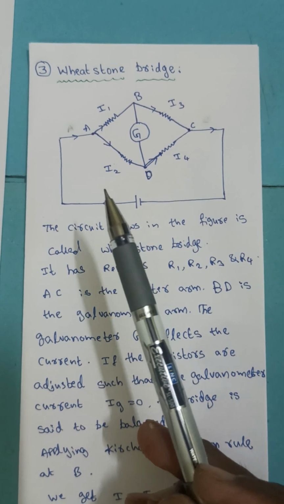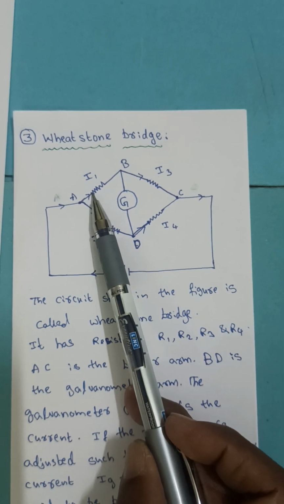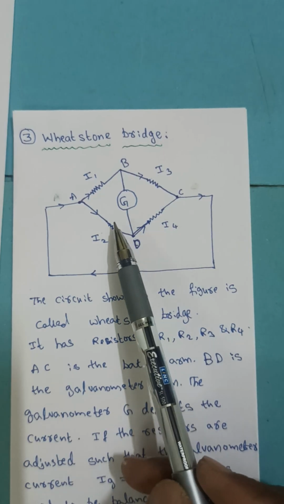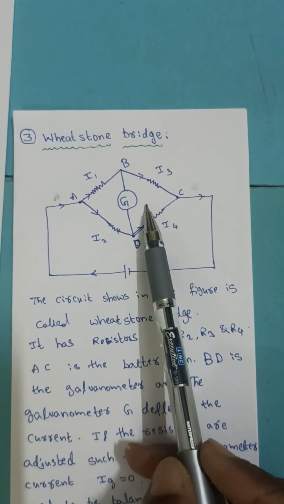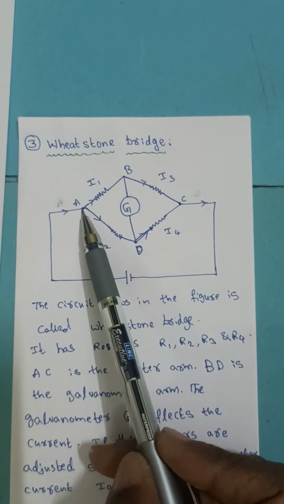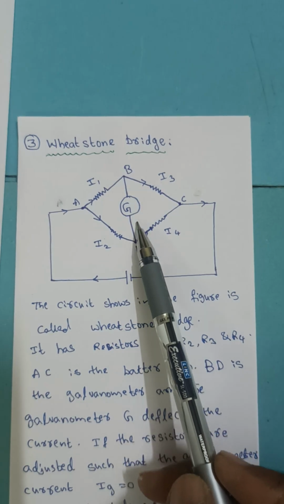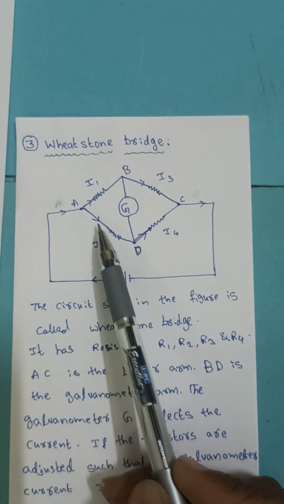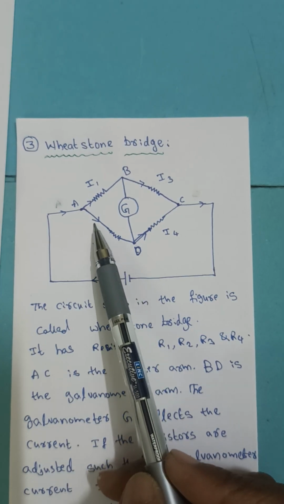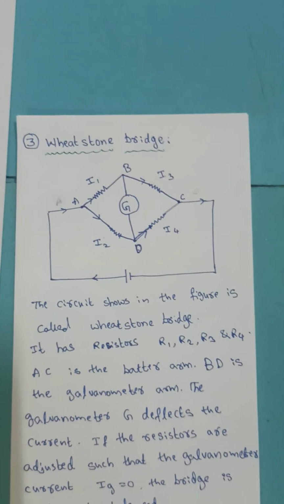See here, closed loop A, B, C, D. I1 R1, galvanometer 0, minus I2 R2. So this direction we are taking A, B, C, D loop, same direction I1 R1 positive, then 0. So D to A, this direction, but current is flowing in the opposite direction, so you take it as minus I2 R2.